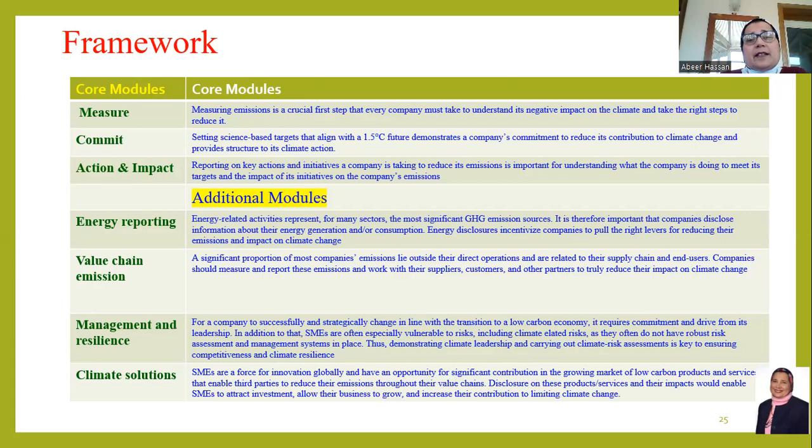Commit means setting targets and aligning them with 1.5 degrees, which demonstrates the company's commitment to reducing its emissions and its contribution to climate change. Action and the impact: reporting on key actions and any initiatives a company can take or is taking to reduce emissions.